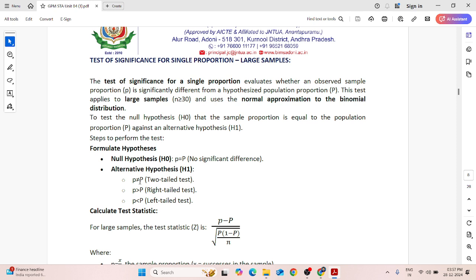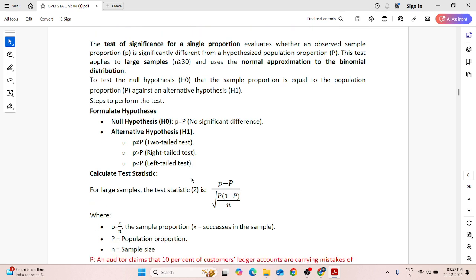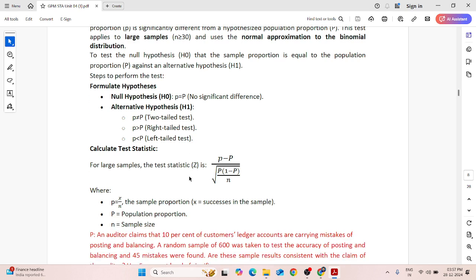Alternatively, small p is not equal to uppercase P, small p is greater than P, or small p is less than P. For large samples, where n is greater than or equal to 30, we apply the Z statistic. Here, instead of means, we have taken proportions, especially the sample proportion, which is denoted by small p, where small p equals x by n.